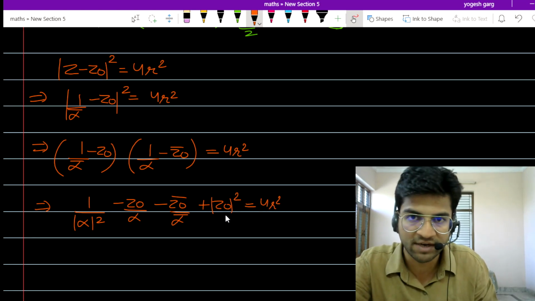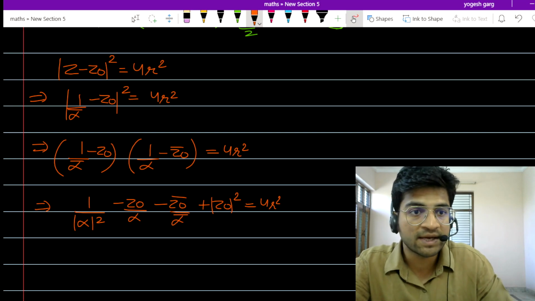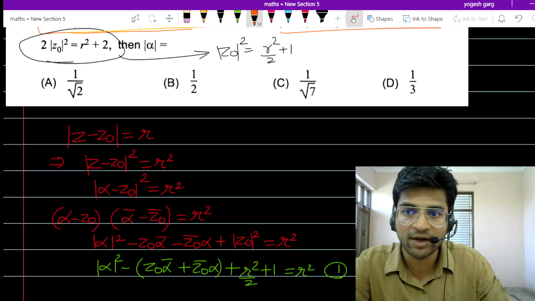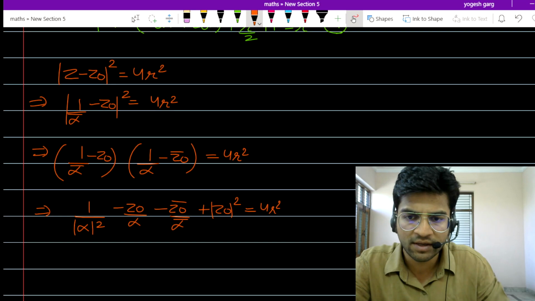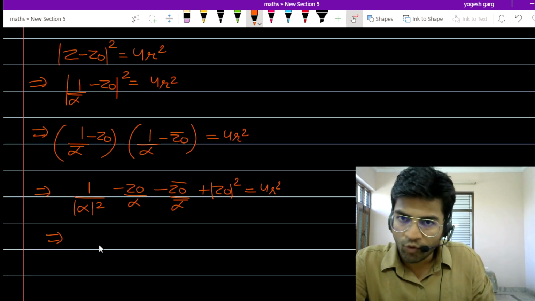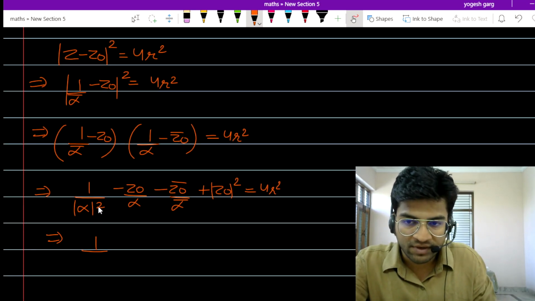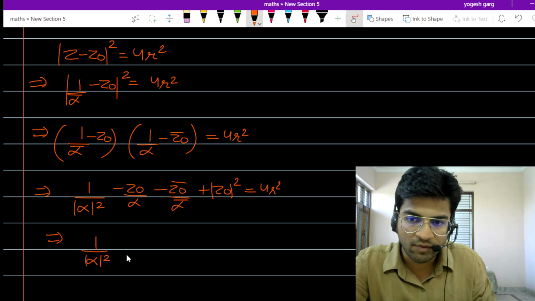Also we will replace mod z naught square by r square by 2 plus 1, right? We will do that. So again, how can we write this expression: 1 by mod alpha square, take minus common and also take LCM.